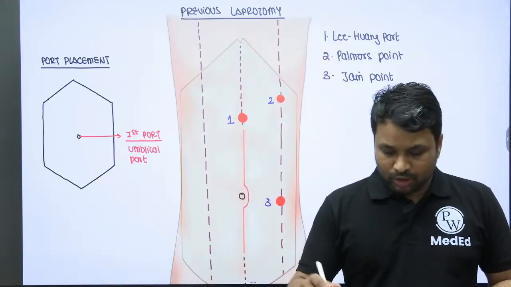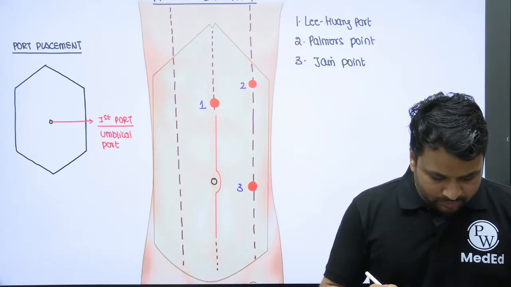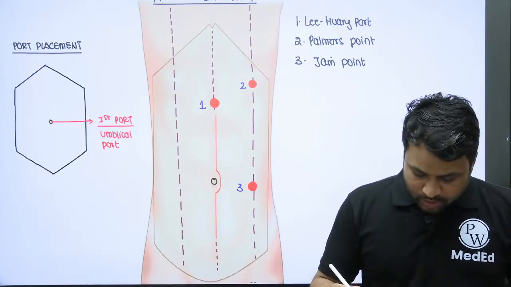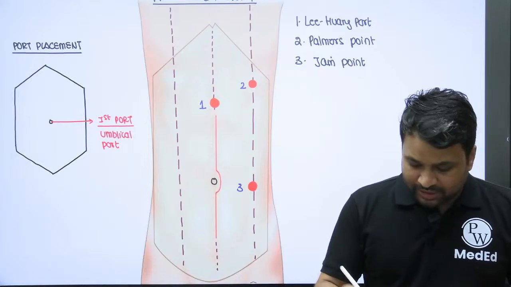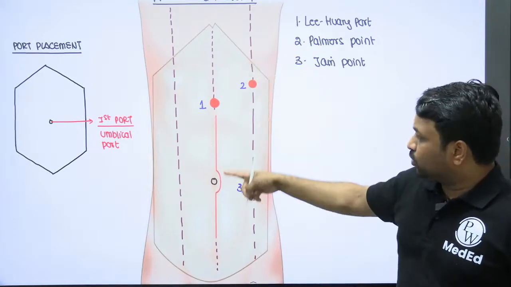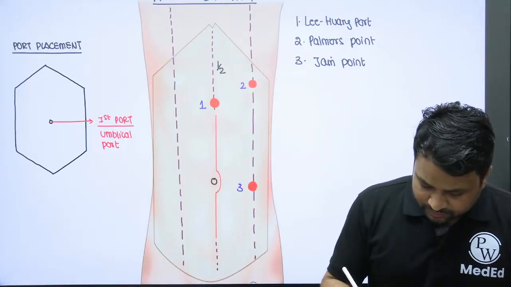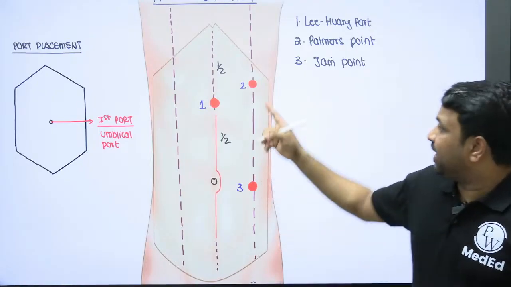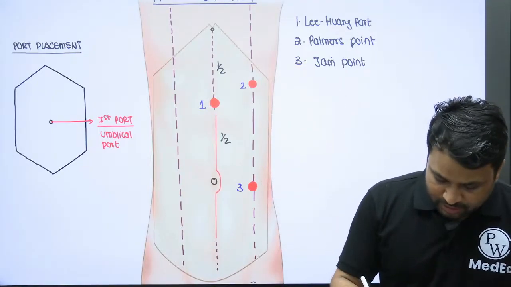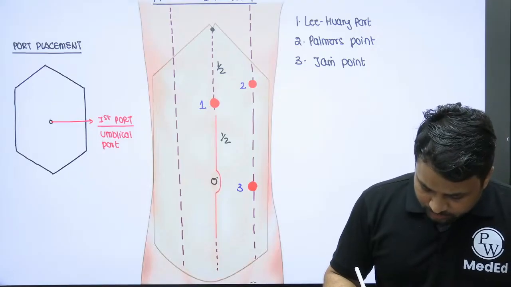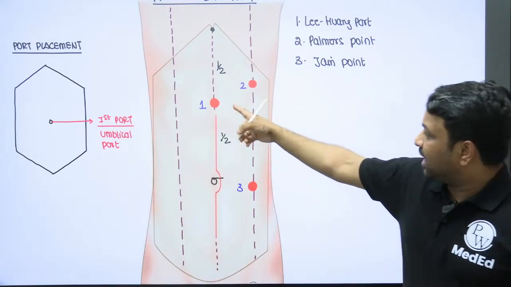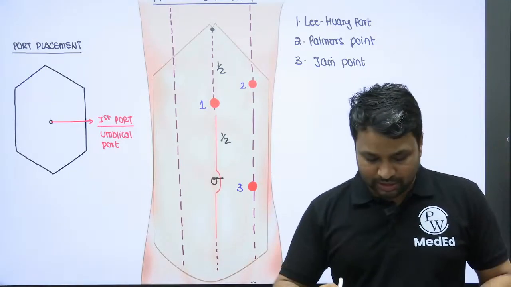ठीक है? तो ये जो Li Huang port है, where do you find it? ठीक है? Li Huang port, if you take from the xiphisternum to the umbilicus, you divide this into equal halves. आप xiphisternum को ले लो, umbilicus ले लो, ठीक है, दोनों का मिड पॉइंट ले लो. At this midpoint, you will have your Li Huang port.